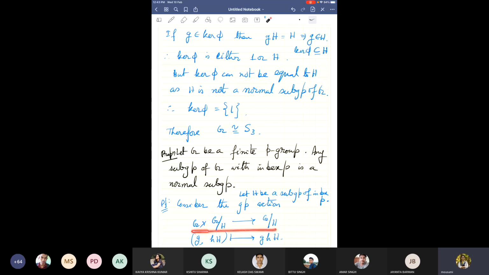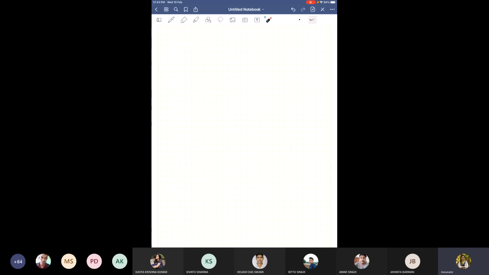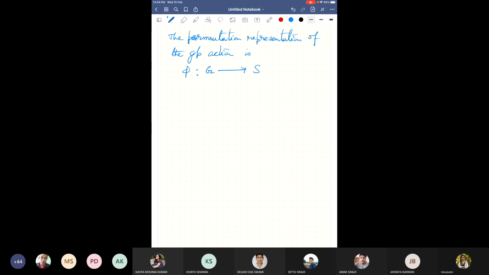So now what will be the permutation representation of this group action? The permutation representation of the group action is phi, a map from G to S. Where should I send it to?